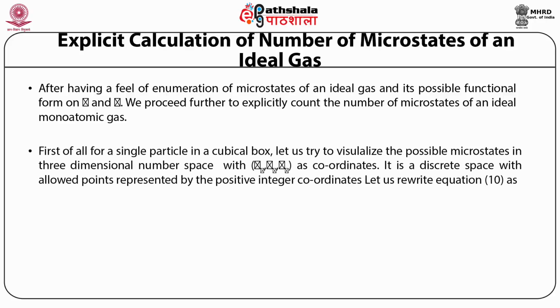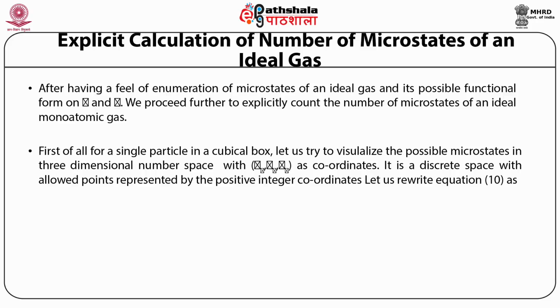First of all, for a single particle in a cubical box, let us try to visualize the possible microstates in three-dimensional number space with nx, ny, nz as coordinates. It is a discrete space with allowed points represented by the positive integer coordinates.